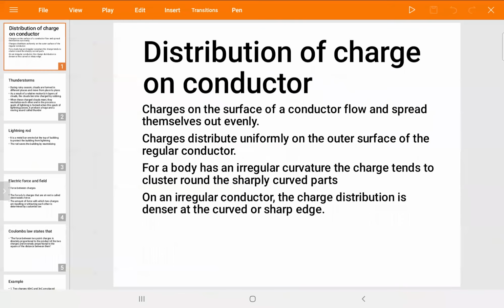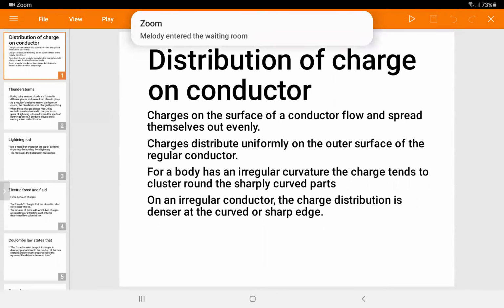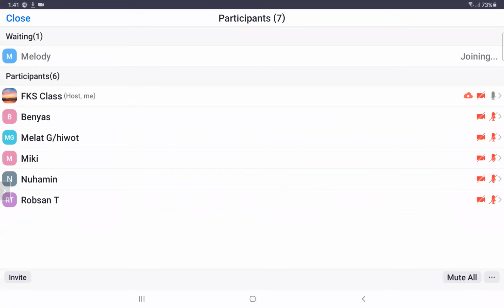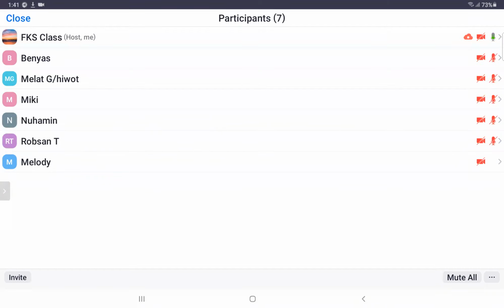The other point we need to discuss today is the distribution of charge on a conductor. Charge on a conductor can flow from one point to another, but when it moves on the surface of a conductor, it distributes uniformly in every part of the conductor, if the conductor is regular shaped.